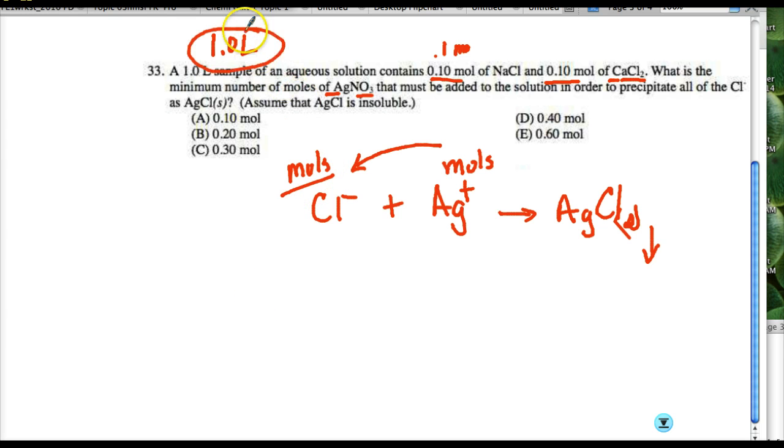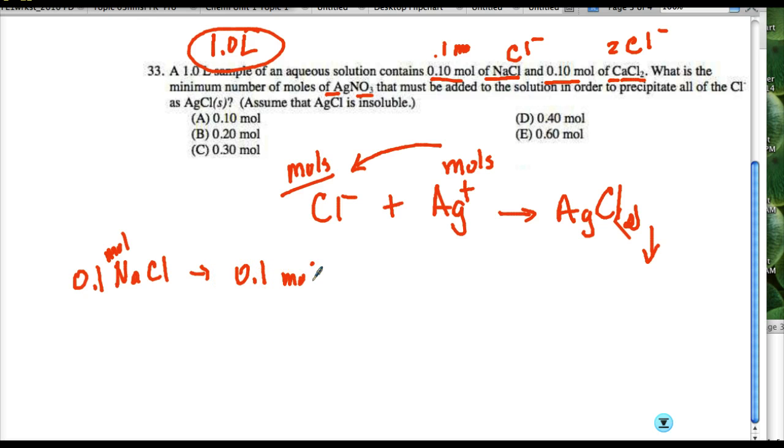Well, I've got a solution, and I have two sources of chloride ions. This is CaCl2, so for every one of those, I get that. So I'm just going to add up all those moles I have. So, from the sodium chloride, 0.1 moles of sodium chloride, I am going to get 1 mole of the chloride ion.